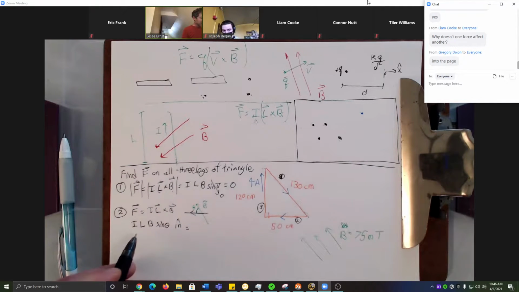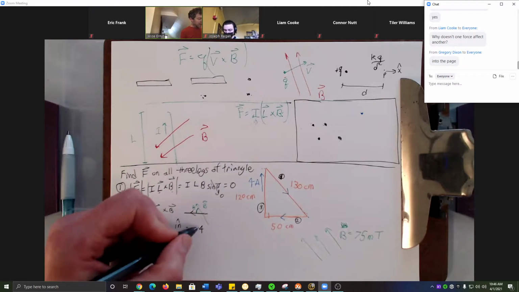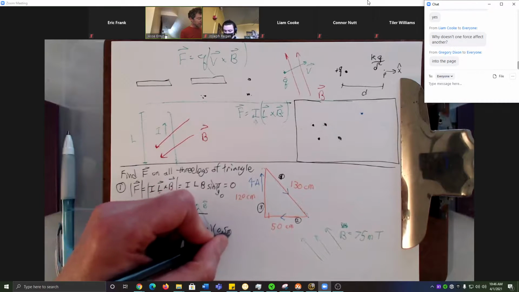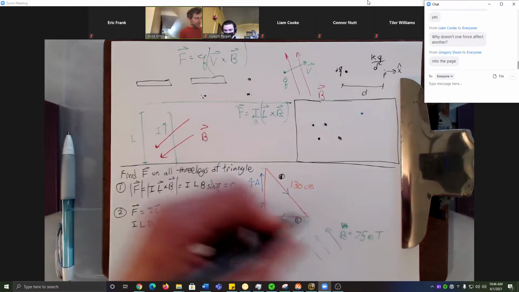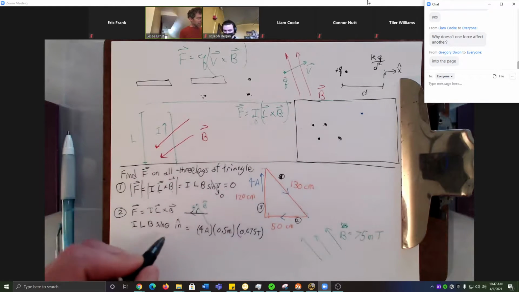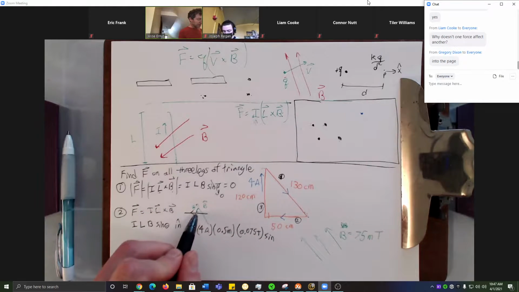And so now I need the current, so it's going to be 4 amps times 0.5 meters times 0.075 Tesla times sine of what? What's the opening angle here?